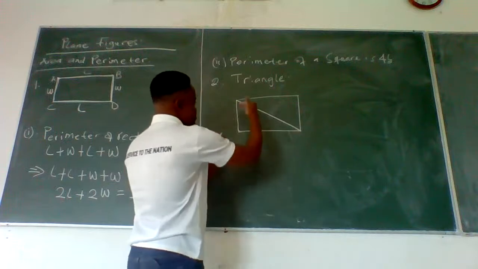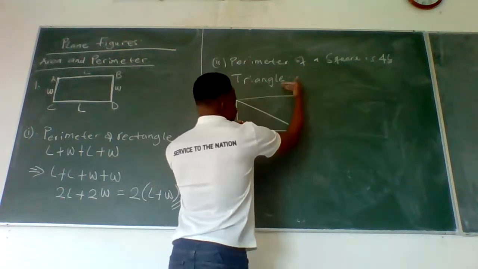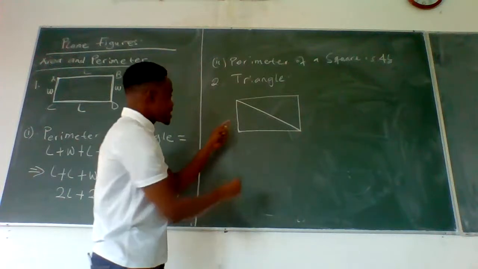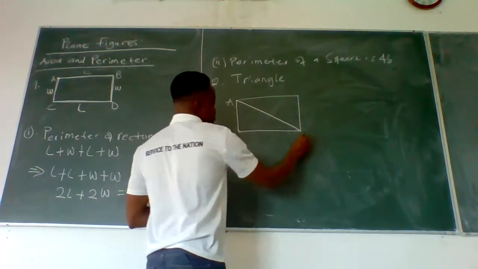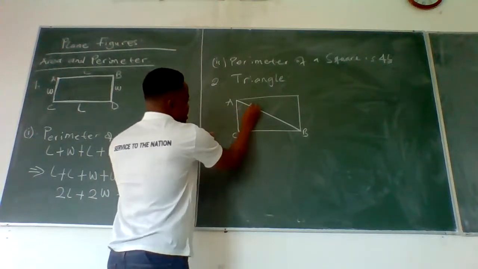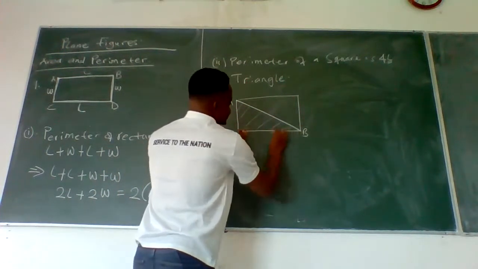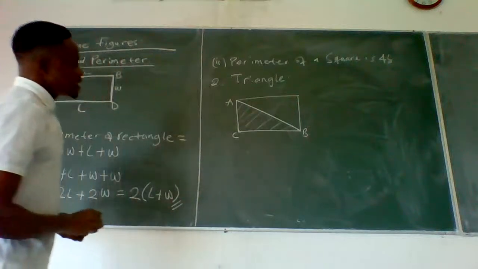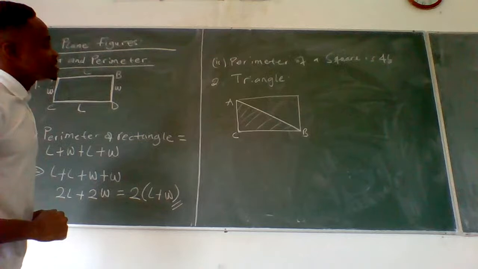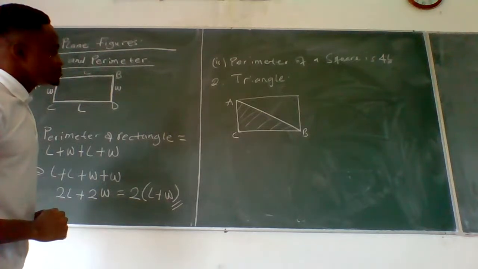This gives a special name called a right triangle. So I've divided the rectangle into two, and I have this triangle.